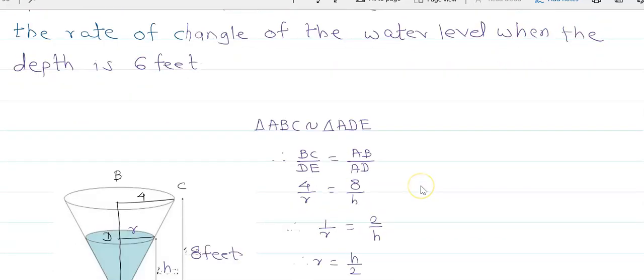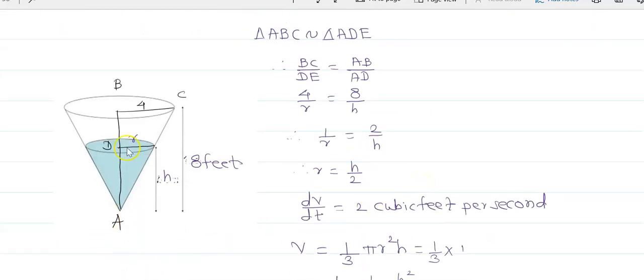Now see this triangle, that is triangle ABC, and the second triangle, that is ADE.